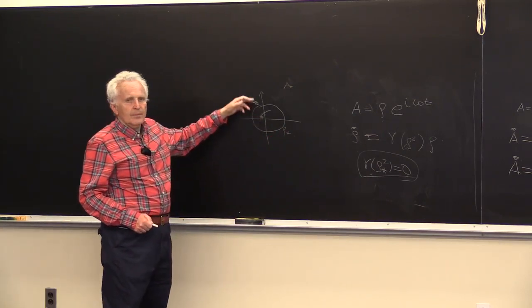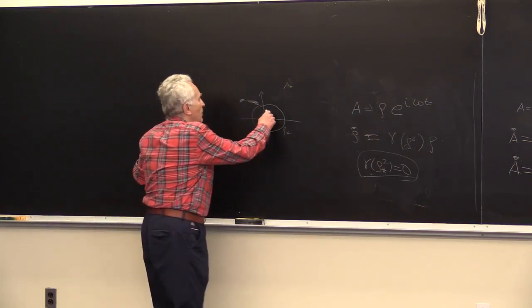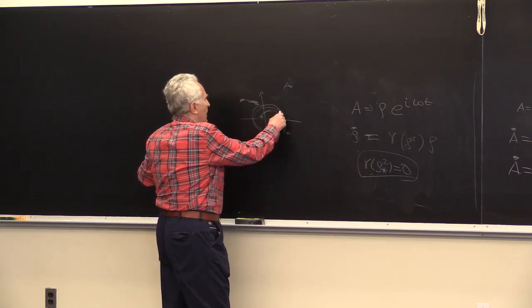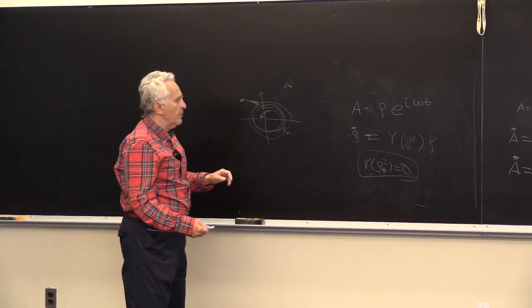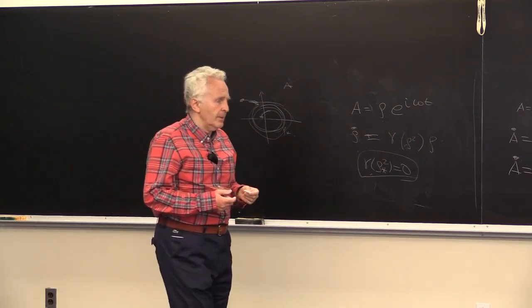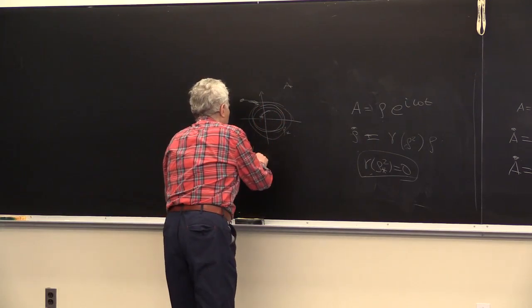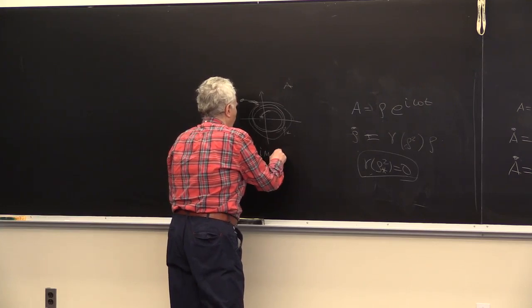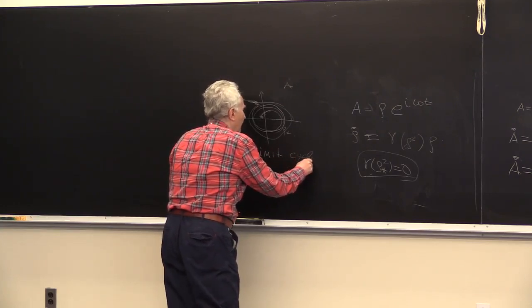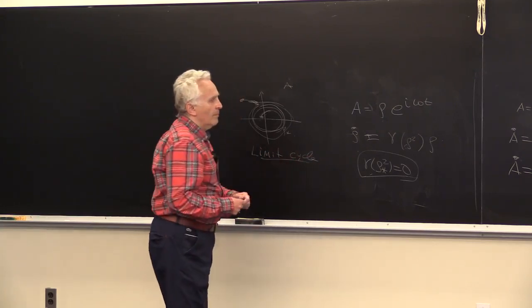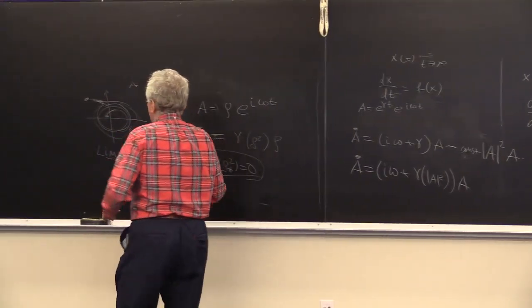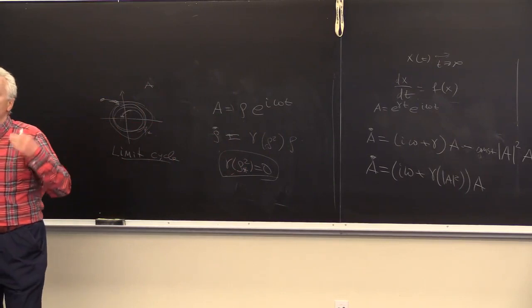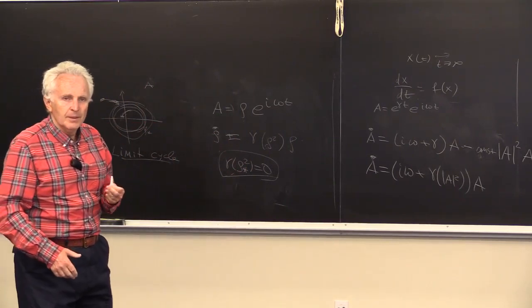So do all points just converge to the special circle? Yeah, they will wind around and converge to the special circle from here and from here. And this special circle has a name. It's called the limit cycle. This limit cycle behavior means that you start to generate certain frequencies.